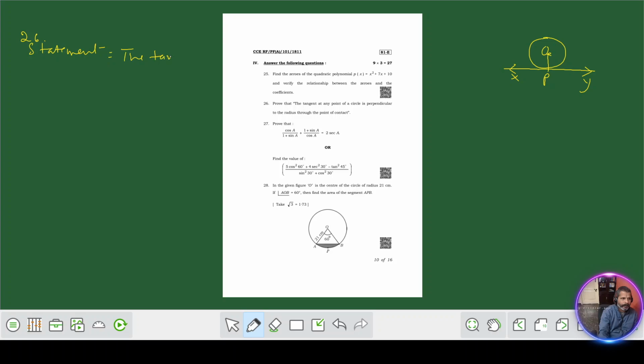The tangent at any point of a circle is perpendicular to the radius at the point of contact.